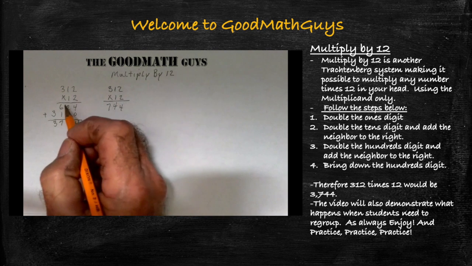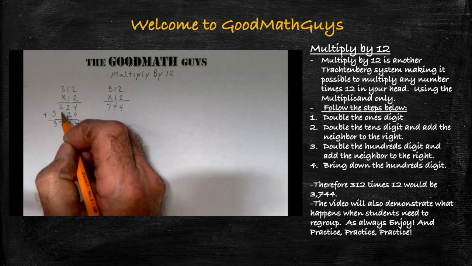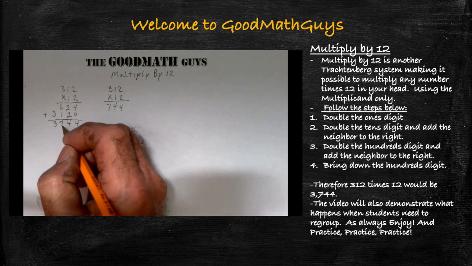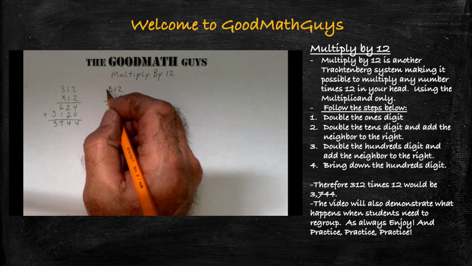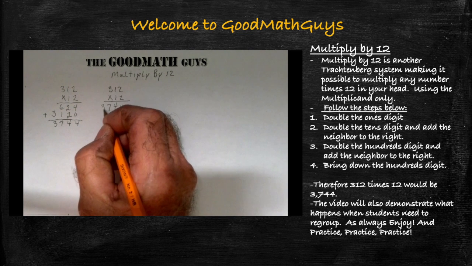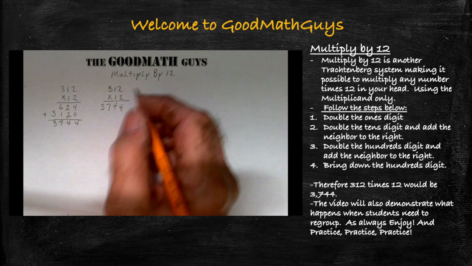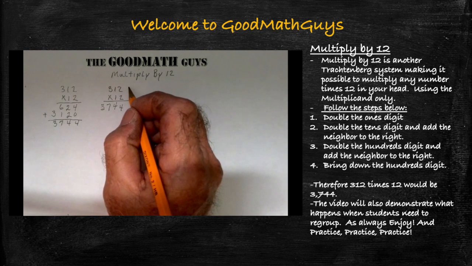And again, Trachtenberg saw that here with the 6 and the 1 equaling 7. That was something that times 12 was going to occur all the time. And the final step now would be to simply bring down the 3, which gives us the same product, 3,744.